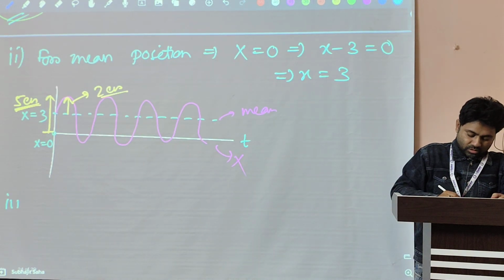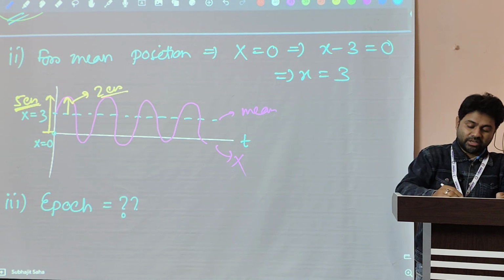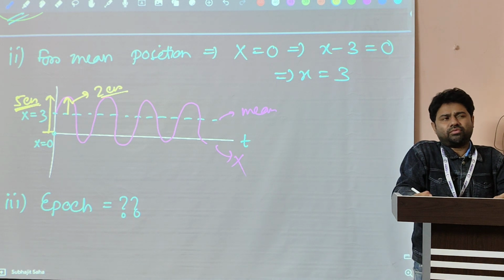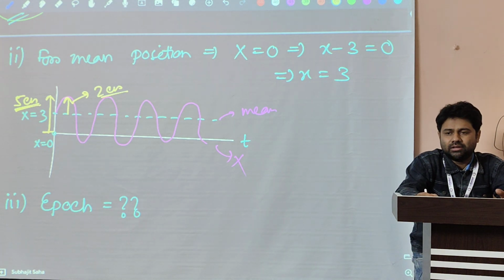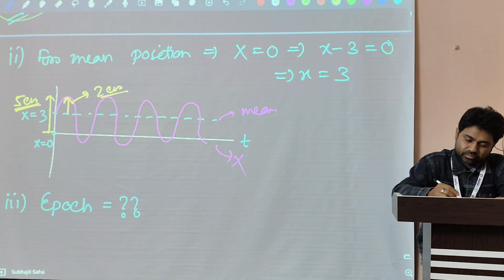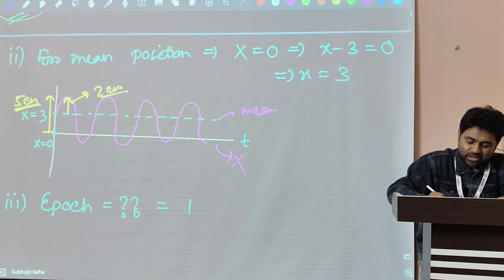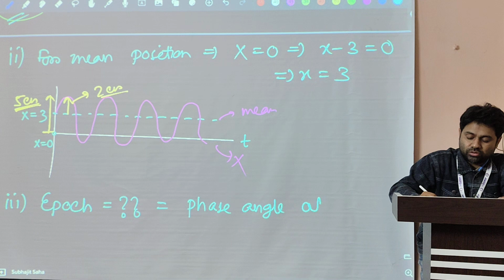Number 3, what is the epoch? That's a relatively new term. Epoch means the phase or the angle traveled by the particle at t equal to 0, at the start. So let's define it. Epoch equals the phase of the particle, or the phase angle, at t equal to 0.